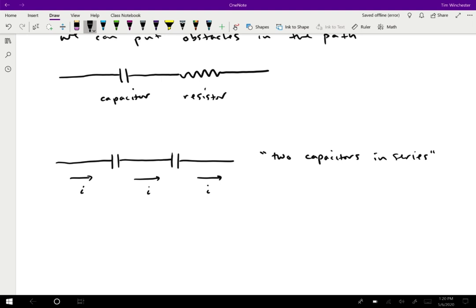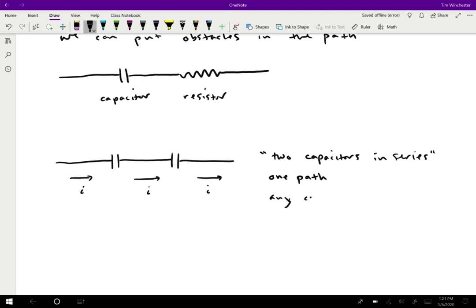And the way that you can tell that they're in series is because there's only one path. Okay, so any of the current that goes out of the first capacitor goes into the second capacitor. There is no alternative option. The current can't go somewhere else. It all just goes straight through.